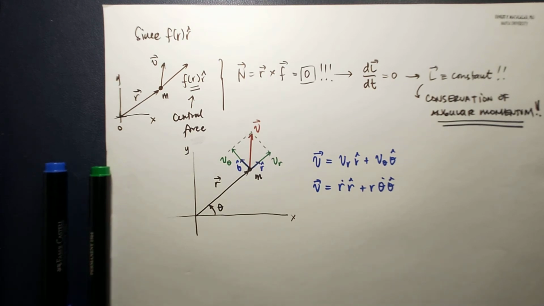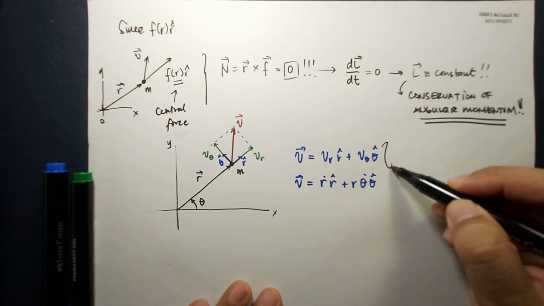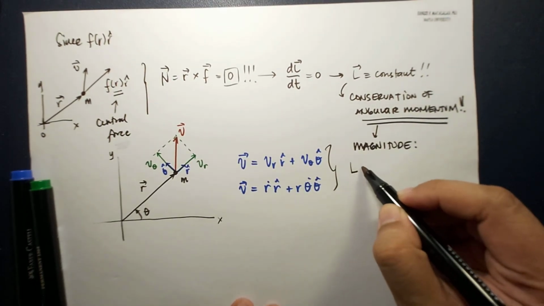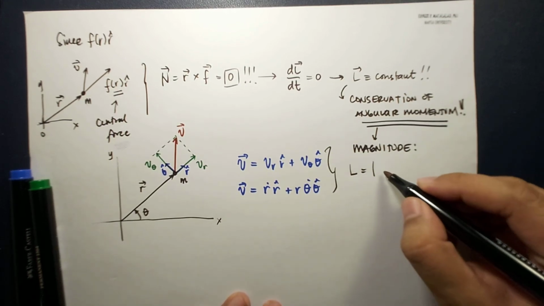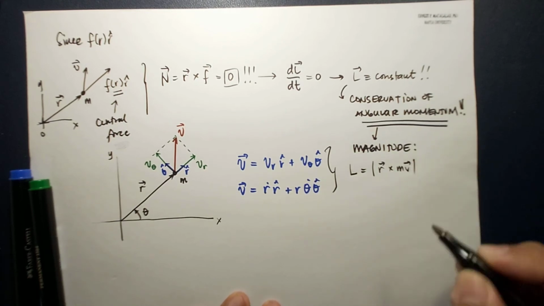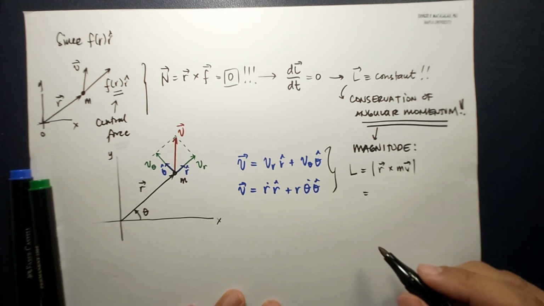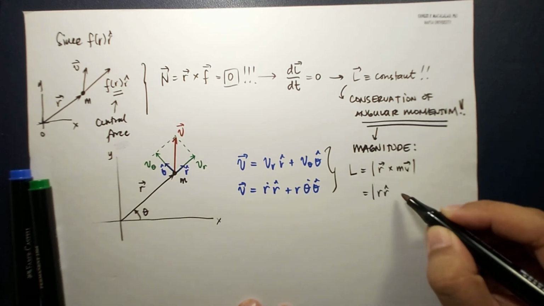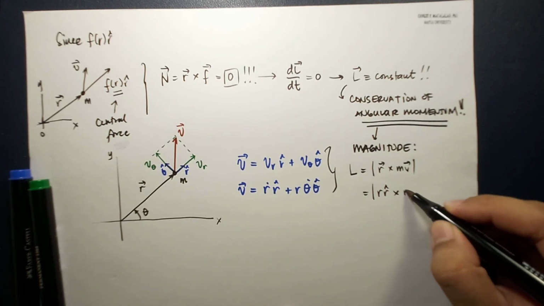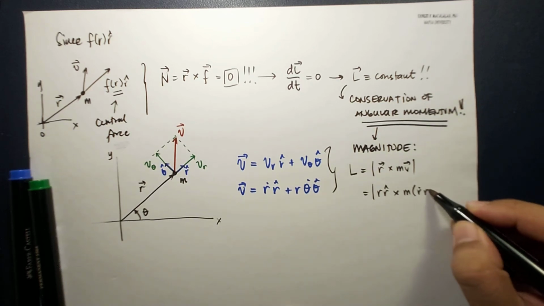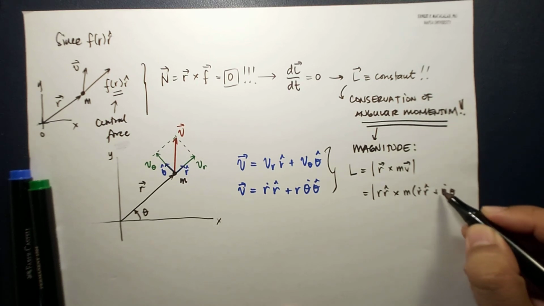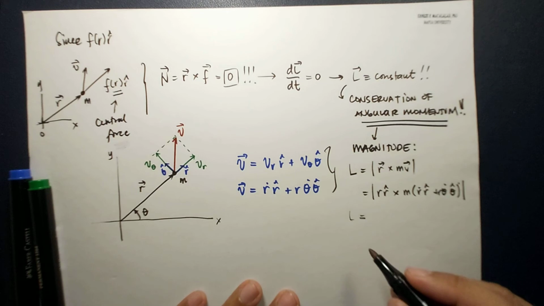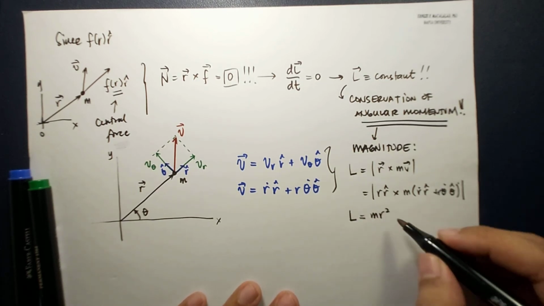So therefore, the magnitude of the angular momentum L, which is the magnitude of r cross mv, where r is r r hat, crossed with m times r dot r hat plus r theta dot theta hat, yields this expression: m r squared theta dot.